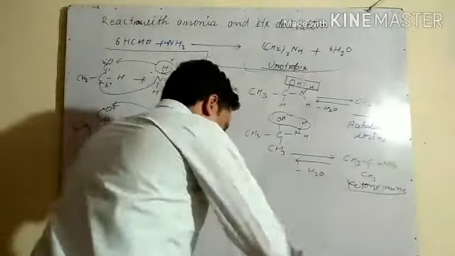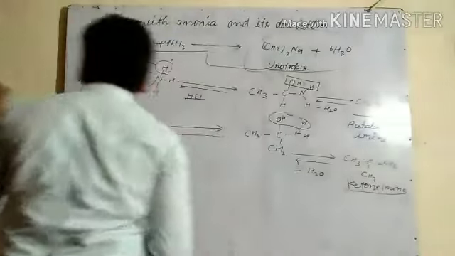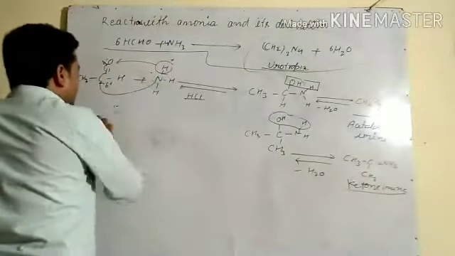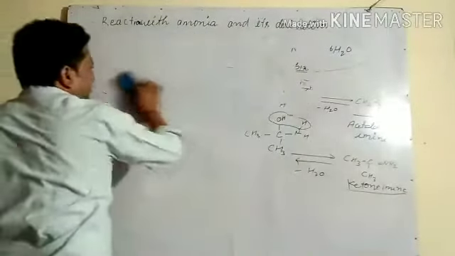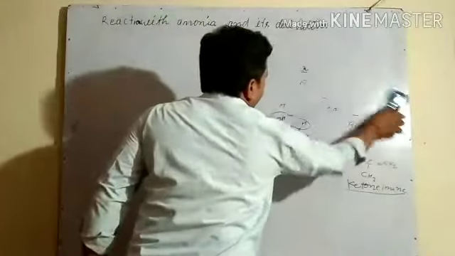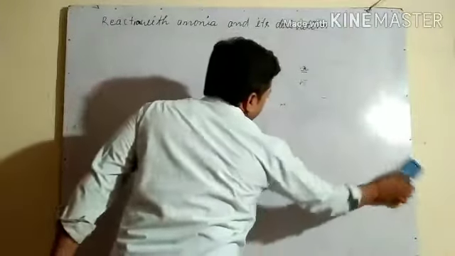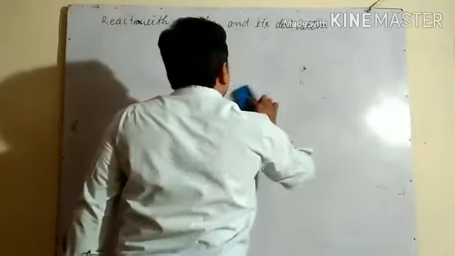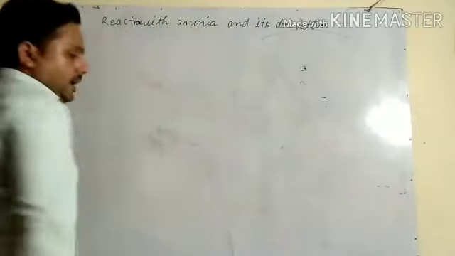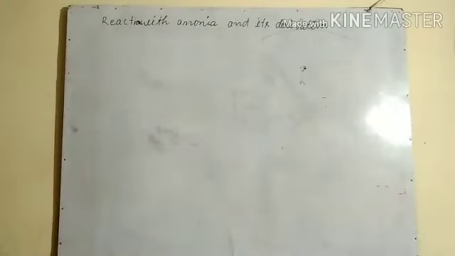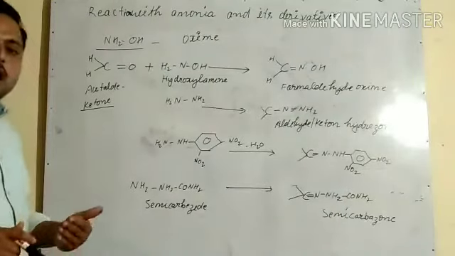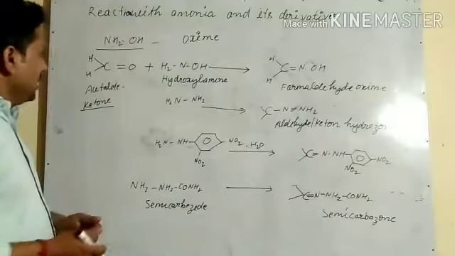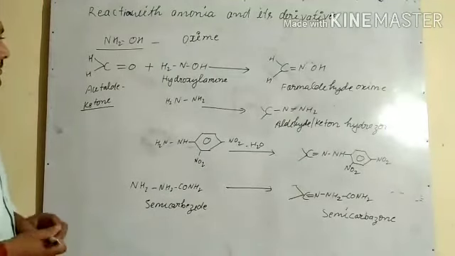So let us see what different products we can get when it reacts, meaning derivatives of ammonia. So what and how many derivatives are there, we can write. These are ammonia derivatives.